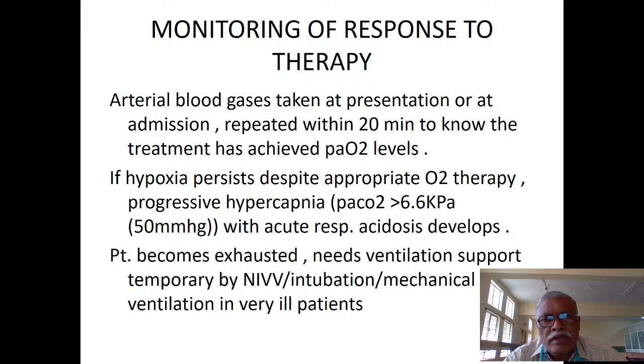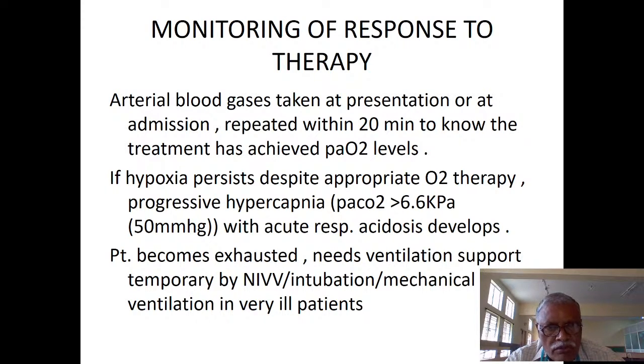The monitoring of response to therapy. The arterial blood gases taken at presentation or at admission should be repeated within 20 minutes, to know whether the treatment has achieved the partial pressure of oxygen levels in the blood or not.